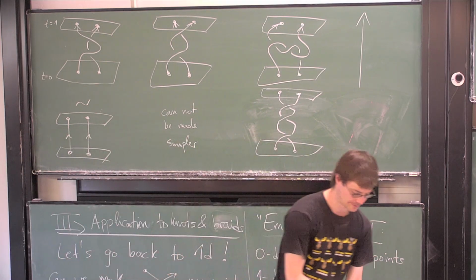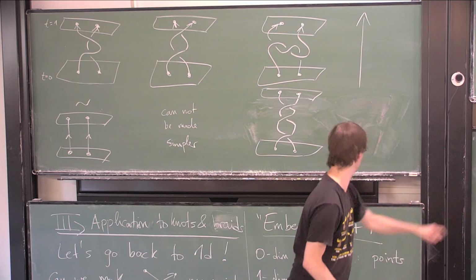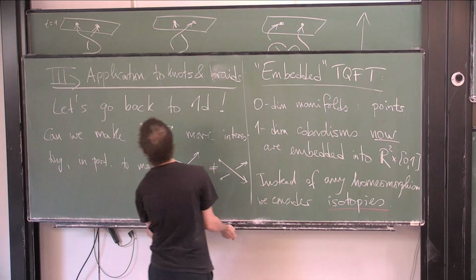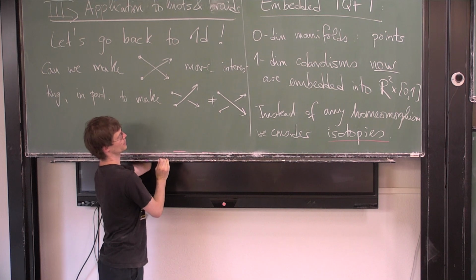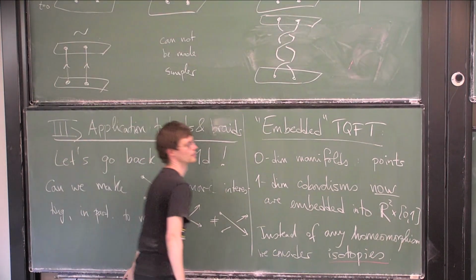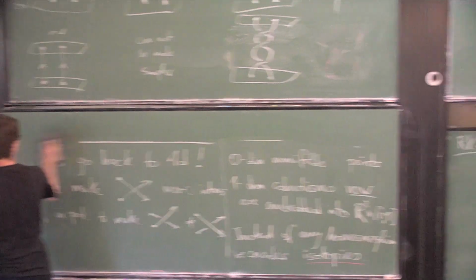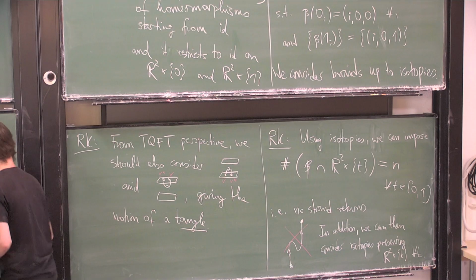Okay, so why braids are so interesting, especially compared to tangles, is the following observation. You're trying to deform the knot on top and the one on the bottom.